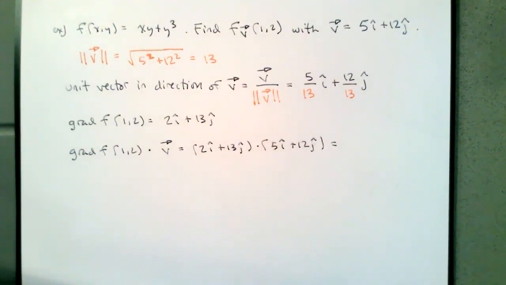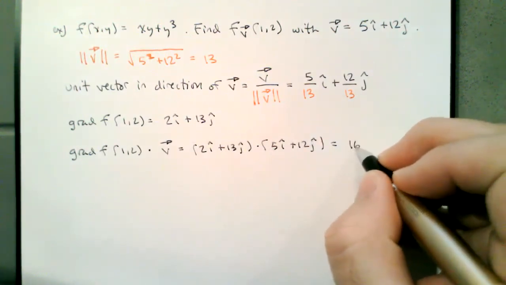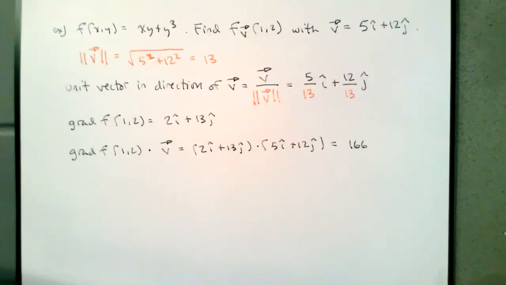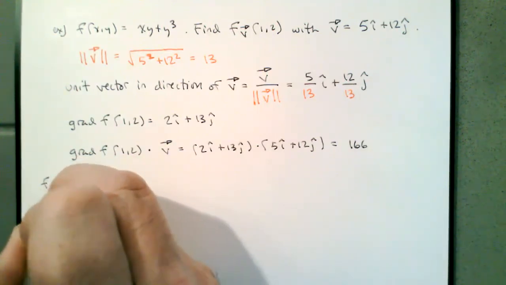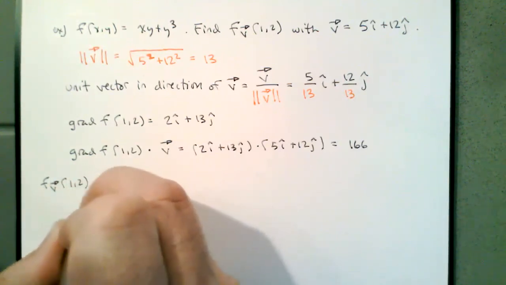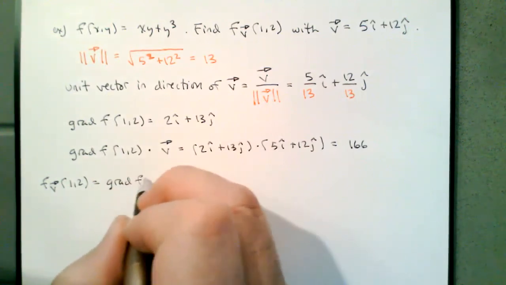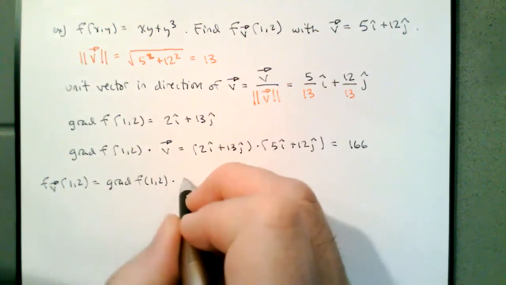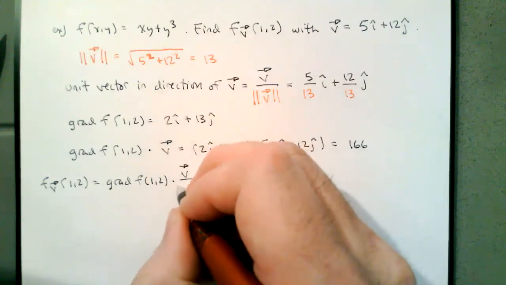So 2 times 5 is going to be 10, and 12 times 13 is 156. So we get 166. But here, v is not a unit vector. If I want the directional derivative, I'm going to take the gradient of f at 1, 2 and the dot product of a unit vector in the direction of v. So I have to divide by its length.